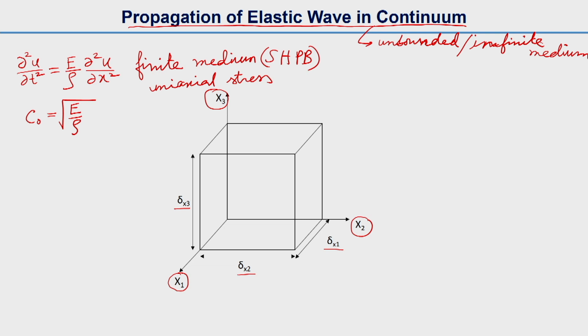So now we can see the stresses acting on this unit cube face by face. On the front face, the stresses are sigma 1 1, sigma 1 2 and sigma 1 3. So this is the normal stress and these are the shear stresses.